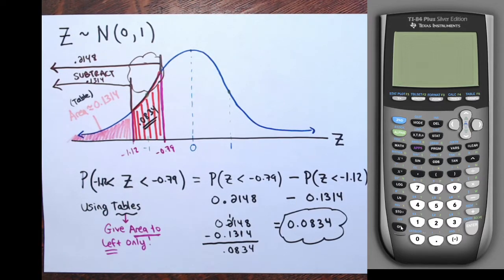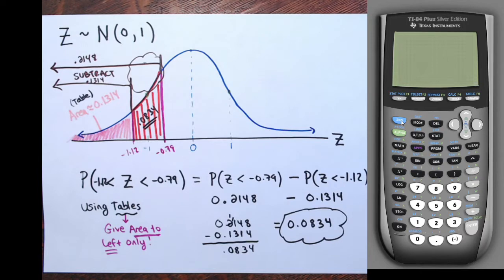They're both pretty similar. There's a button that says vars, variables. Right above that it says DISTR, D-I-S-T-R. I've used that for the binomial probabilities. Remember binomial distributions? Well, there's also a way to find probabilities under normal curves under DISTR.